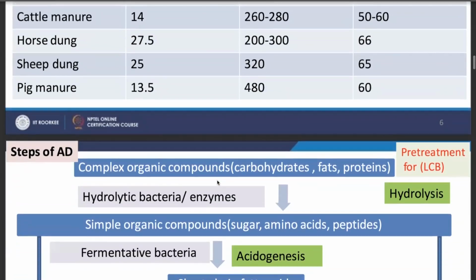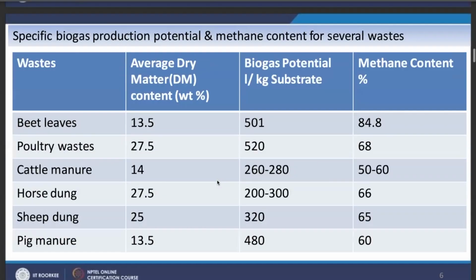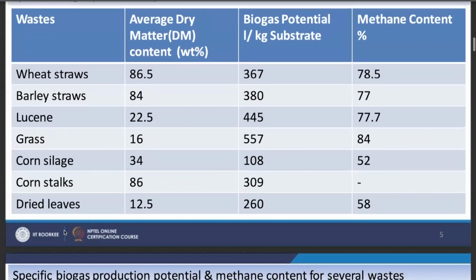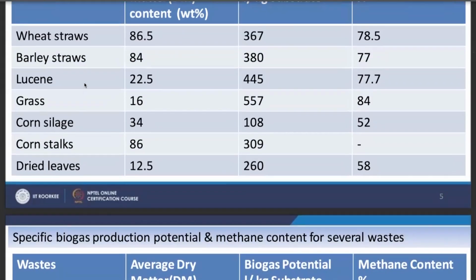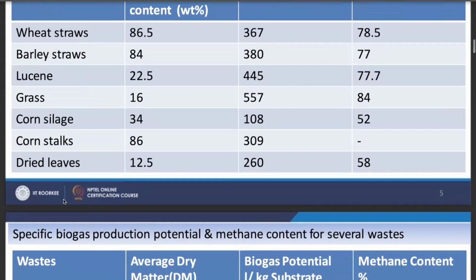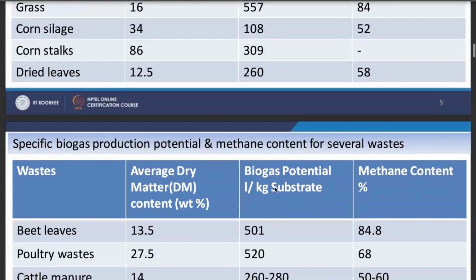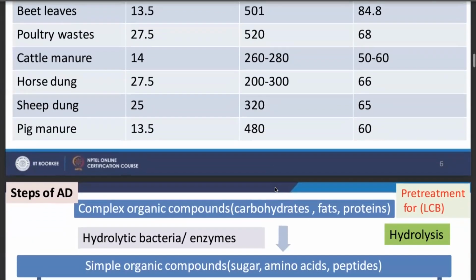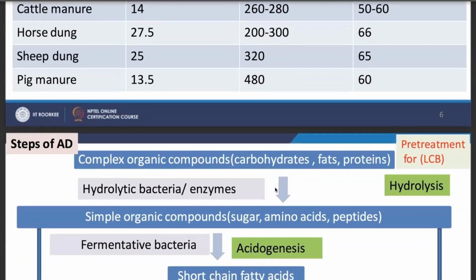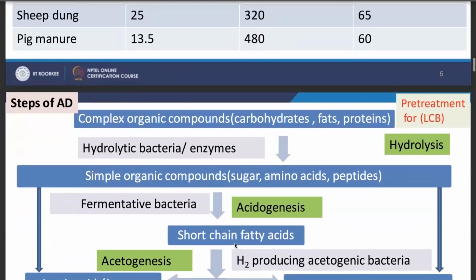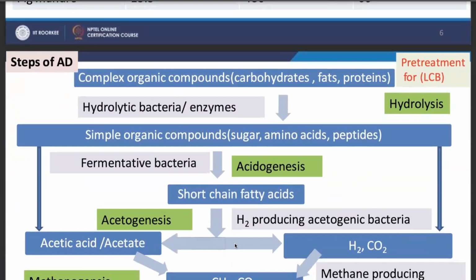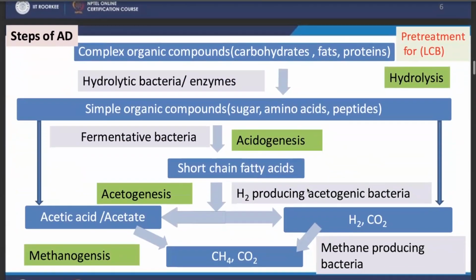So we have seen some of the like basic examples of what to expect when we are subjecting these type of raw materials to anaerobic digestion, what amount of biogas we can expect or what amount of methane we can expect, right? Now we will look at the steps which are involved in the anaerobic digestion. So specifically, as I mentioned, that for lignocellulosic material, you need pre-treatment, right?